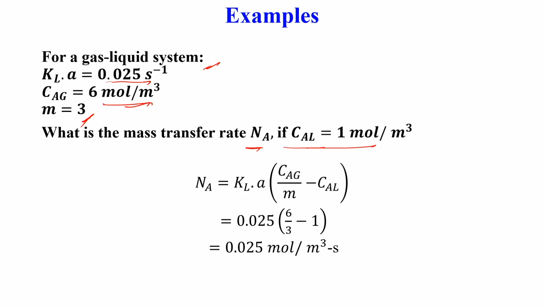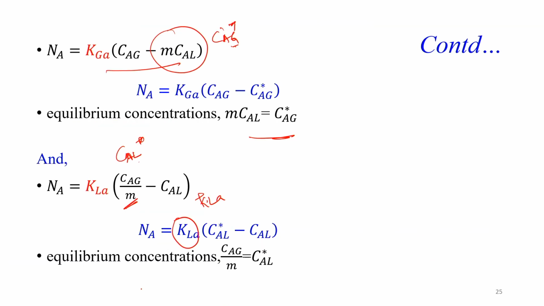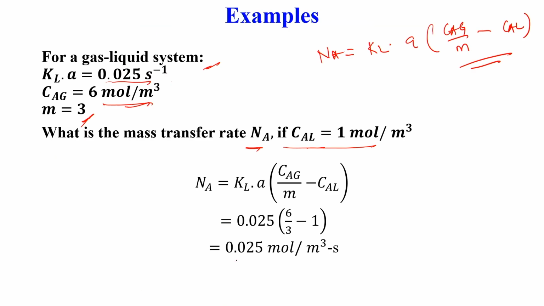This is very straightforward: Na is kLA into CAG upon m minus CAL. This is what we need to remember, because Na is kLA into CAG upon m minus CAL, and if you put in the values we straightforwardly get the answer, 0.025 mole per meter cube per second.